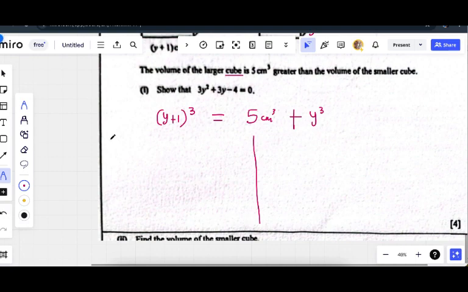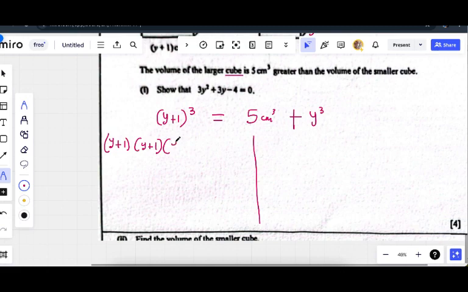So this one is the same as y plus 1 in one bracket, multiplied by y plus 1, multiplied by another y plus 1, then multiplied by another y plus 1.